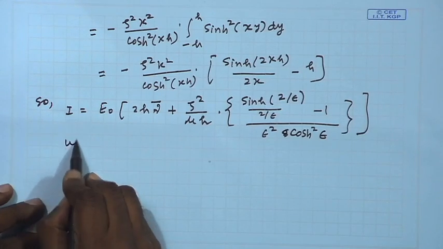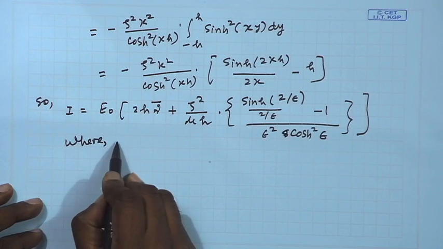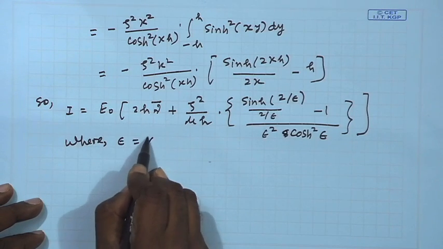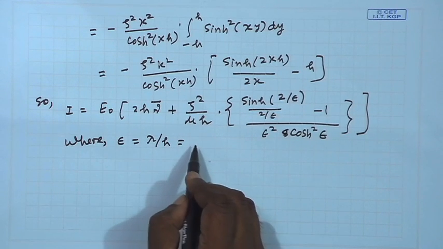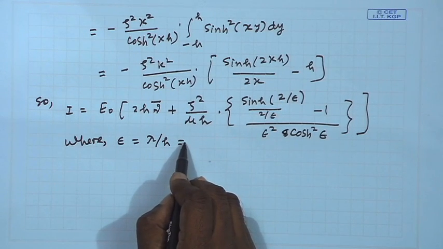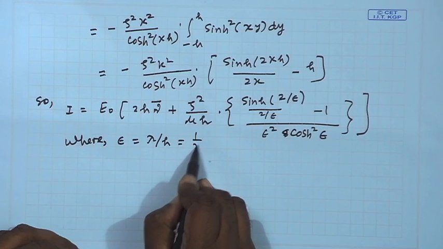Okay, where epsilon I have just introduced here, epsilon equal to lambda by h. So that means, in other words, this is 1 by kappa h.